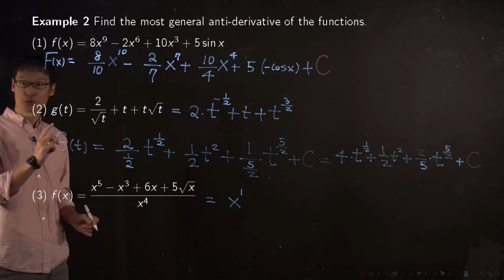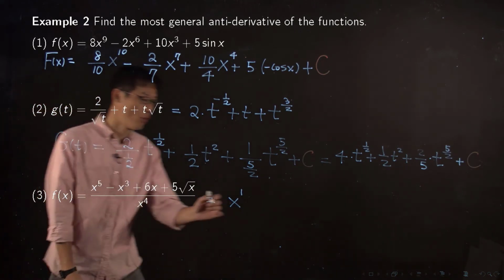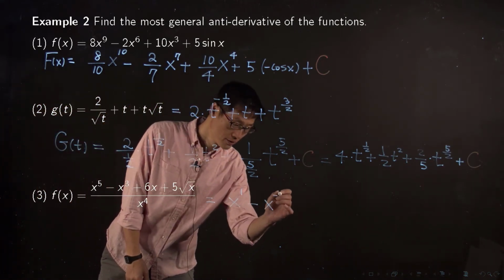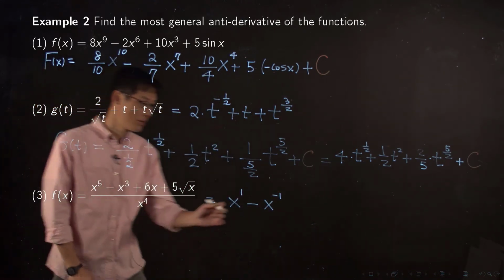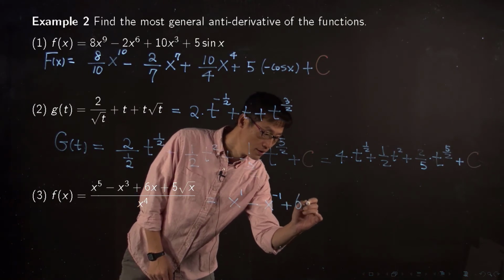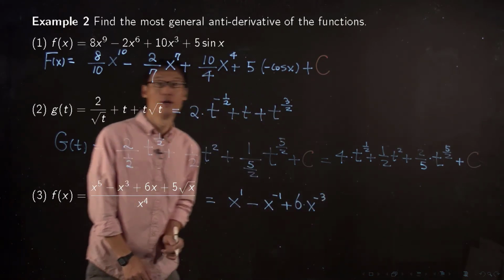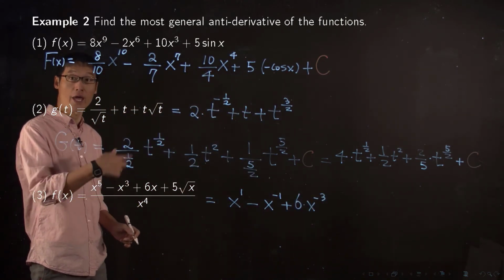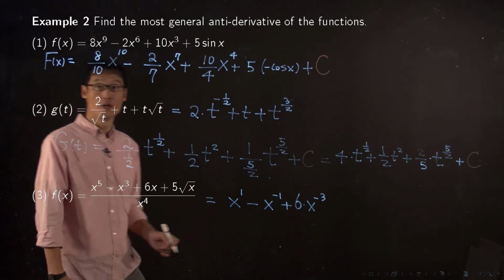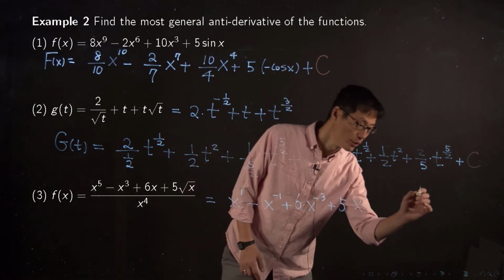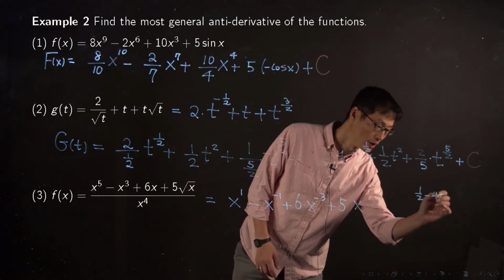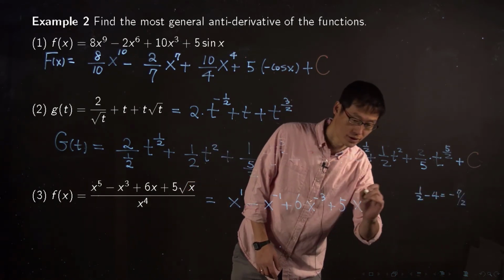The second term is x to the 3rd over x to the 4th. And then 6x over x to the 4th. And 5x to the half over x to the 4th. Well, we need half minus 4, which is negative 7 halves. That's what we need.